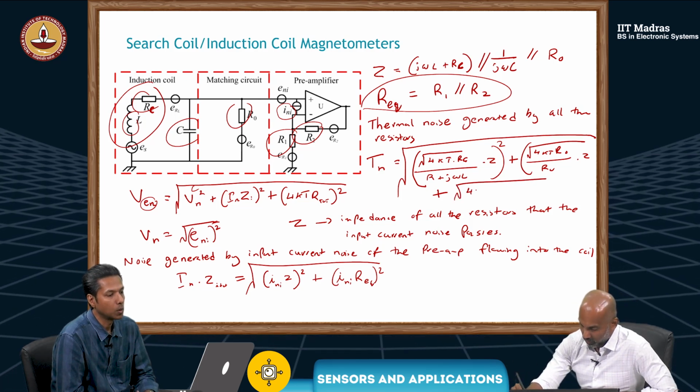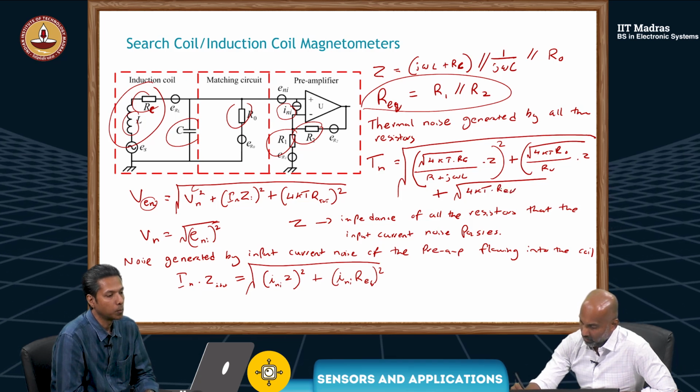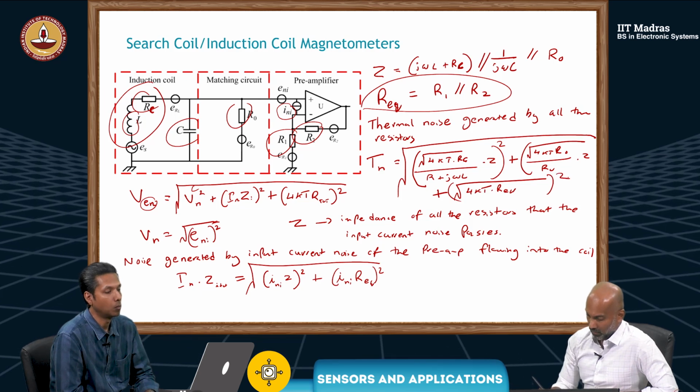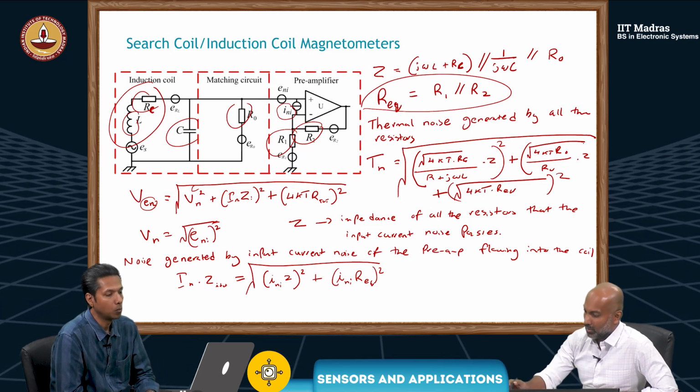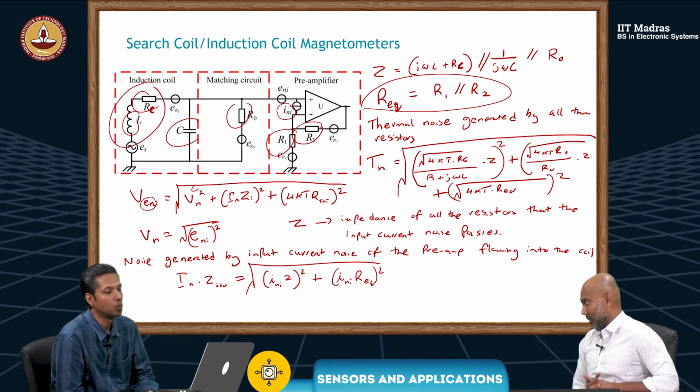That's very simply 4kT, squared. So this is all the thermal noise generated by all the resistors, something again we need to take into account.